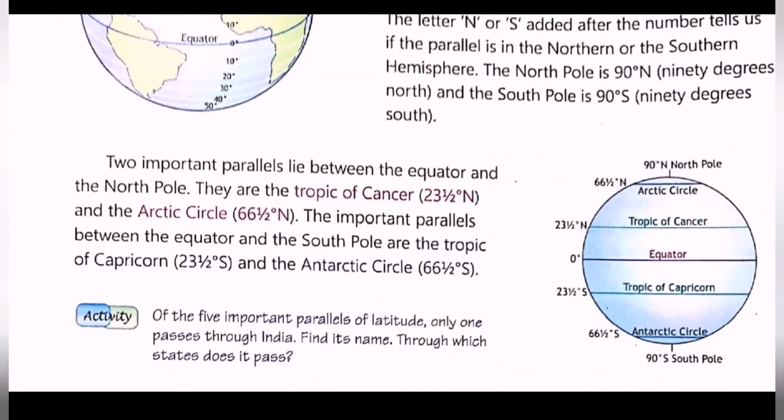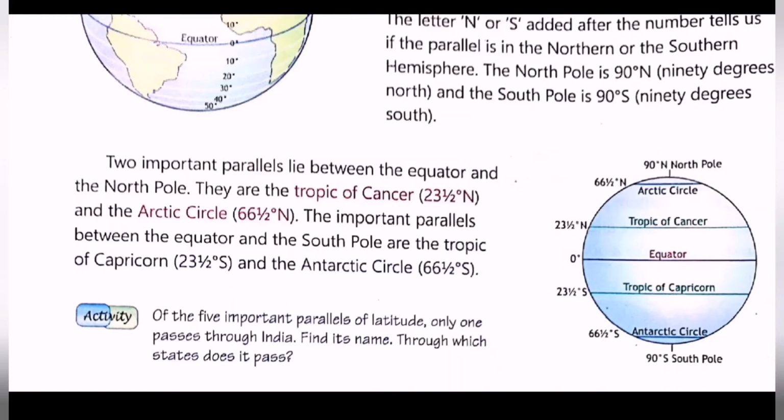The letter N or S added after the number tells us if the parallel is in the northern or the southern hemisphere. The north pole is 90 degree N and the south pole is 90 degree S.